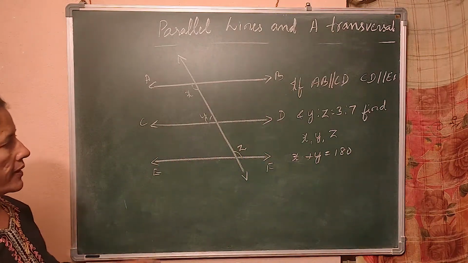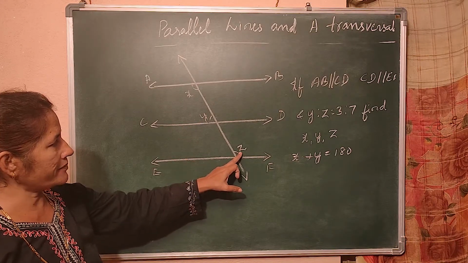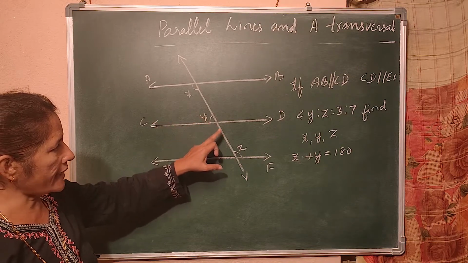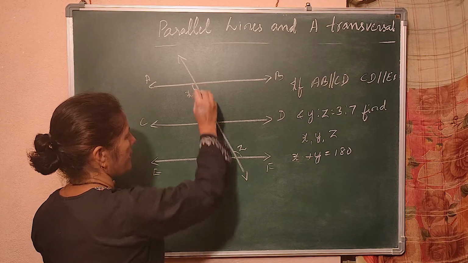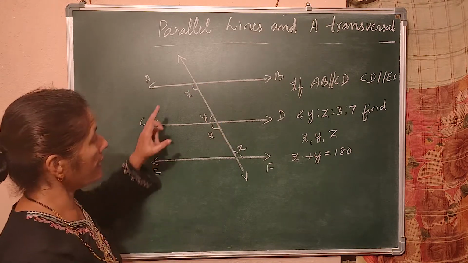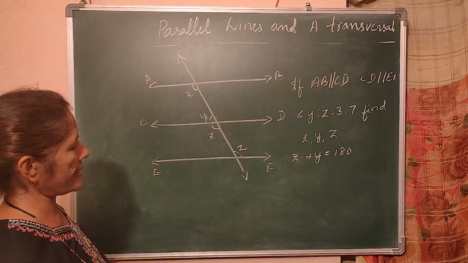Correct? Now see, Z is here. This is Y and this is Z. If this is X, this is also X. Do you agree? These are corresponding angles.